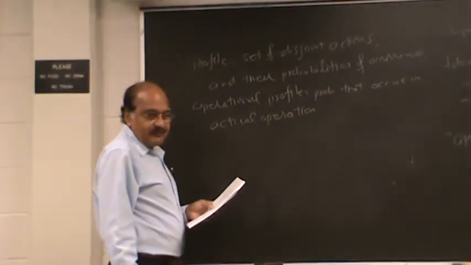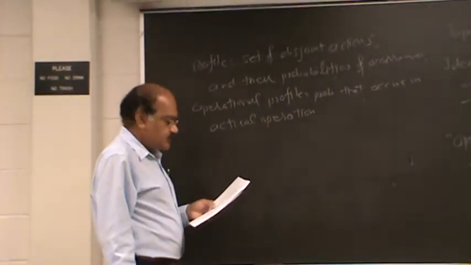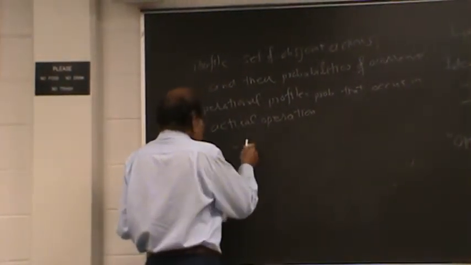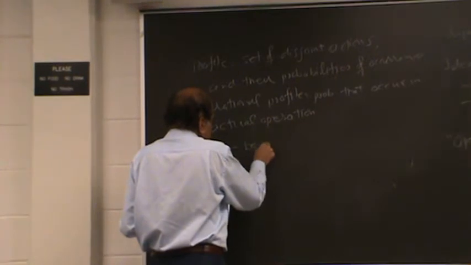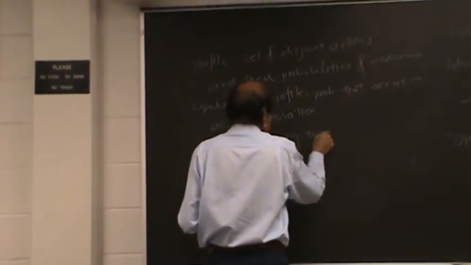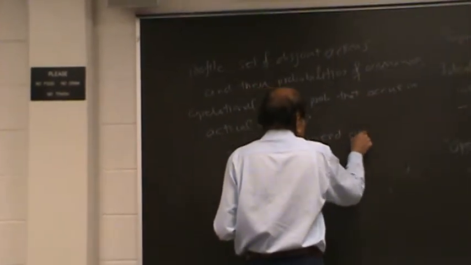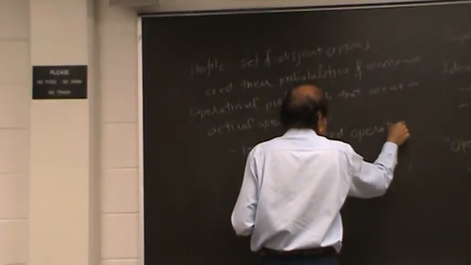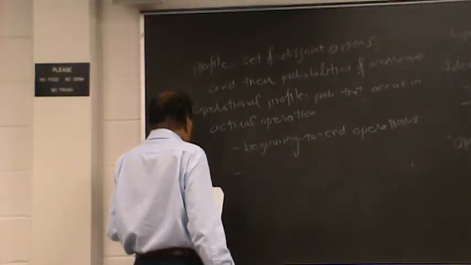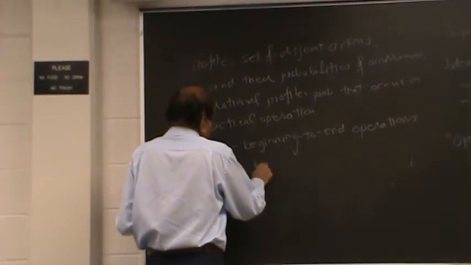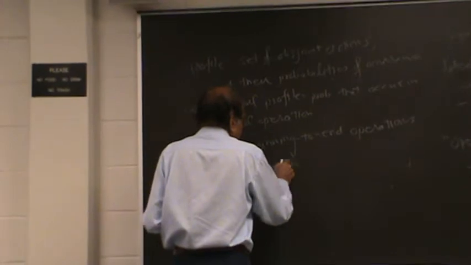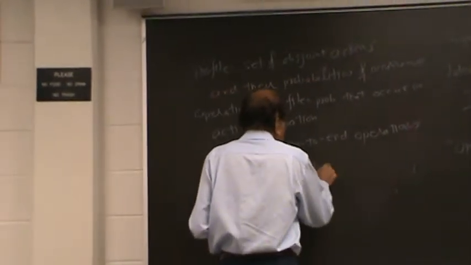And there are a couple of different ways people construct the operational profile. Sometimes they construct them by beginning to end operations. And sometimes it is given in terms of states and transition probabilities.